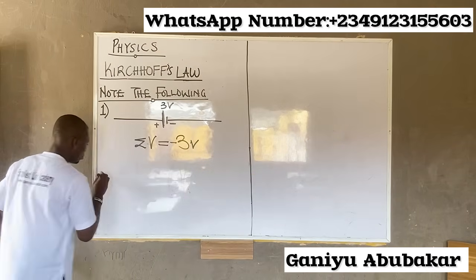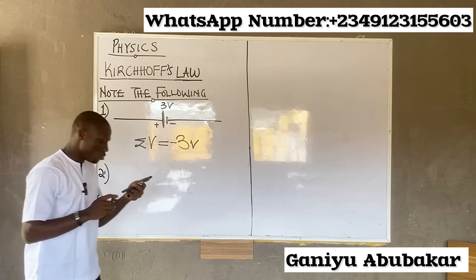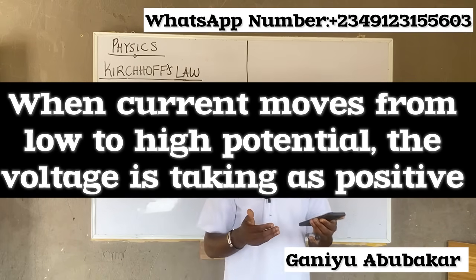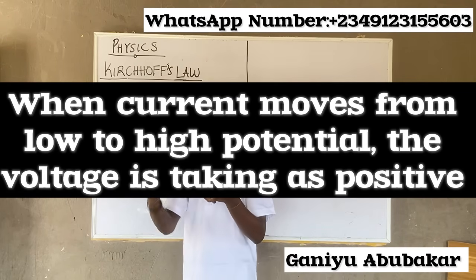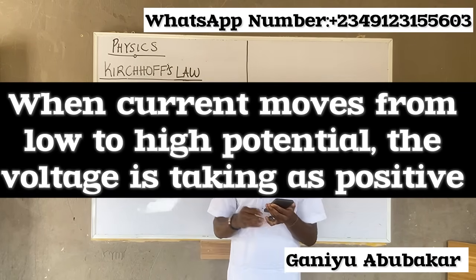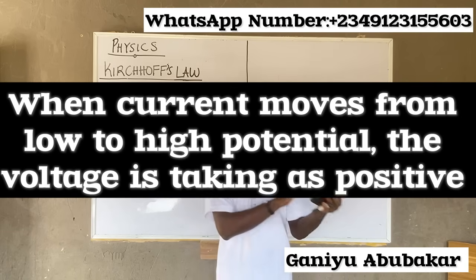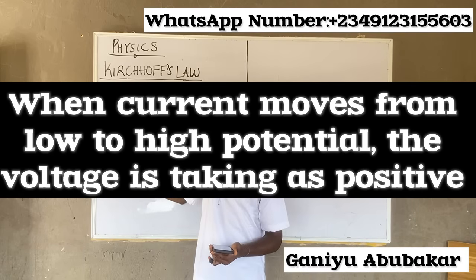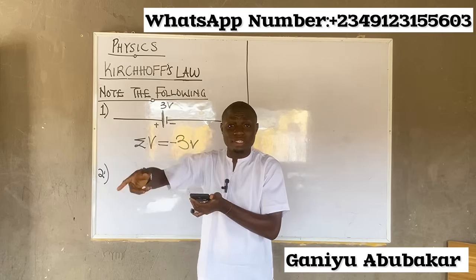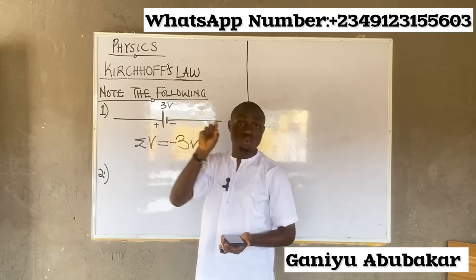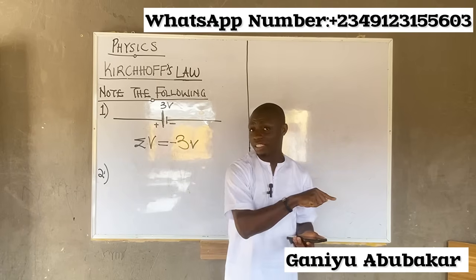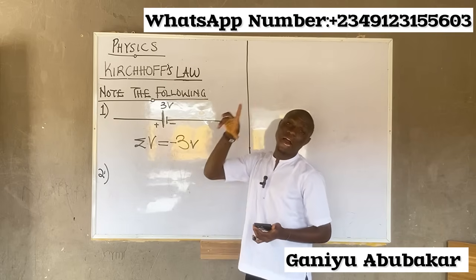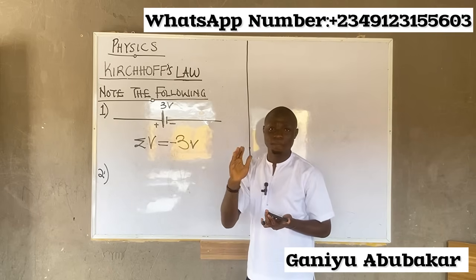Number two says when the current moves from a low to high potential, the voltage is taken as positive. Case 1 says when current is going from high to low, take V as negative. Case 2 says when current is going from a low to high, take V as positive.